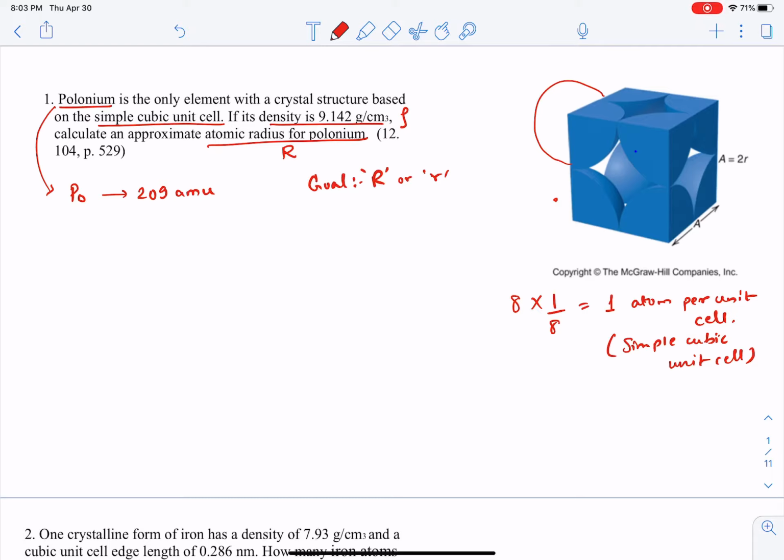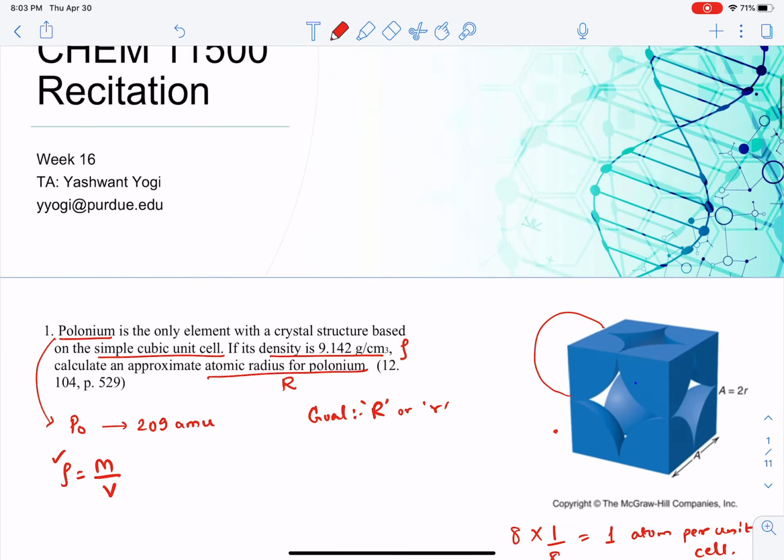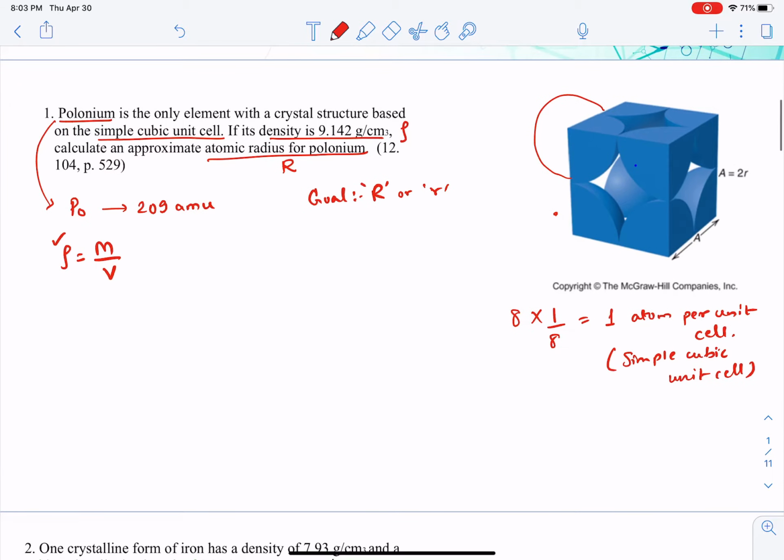We know the density. So what is the density? Density is mass upon volume. We can find the mass: as we know, there is one atom in this unit cell, so if we find the mass of one polonium atom, we'll know the mass in one unit cell.